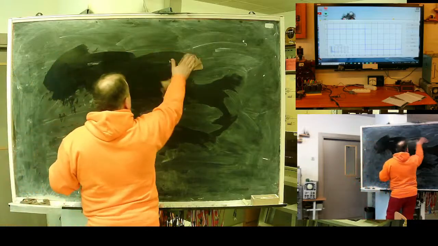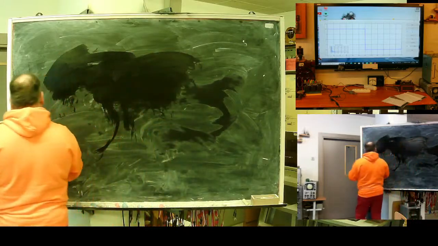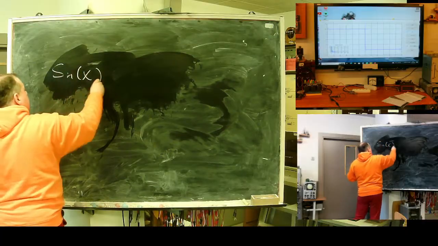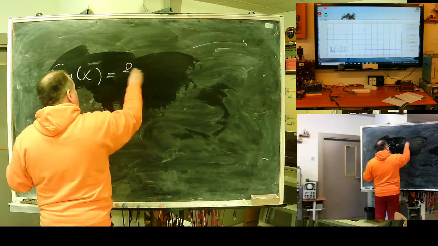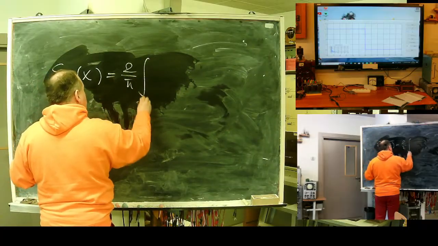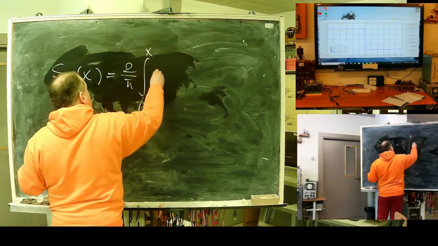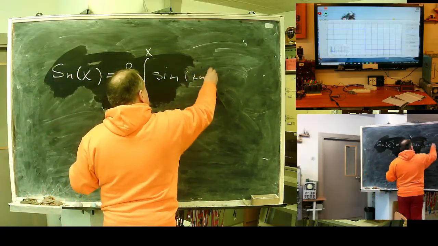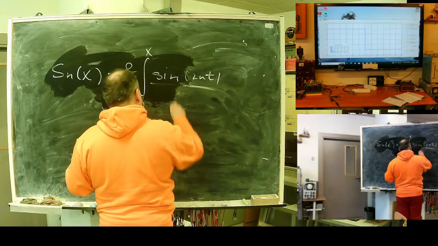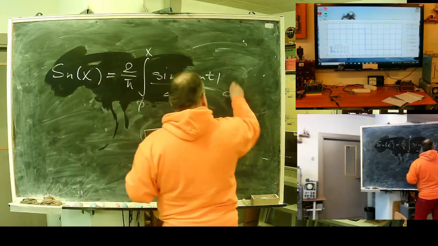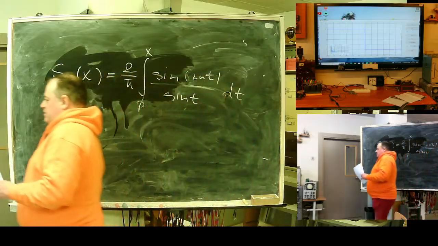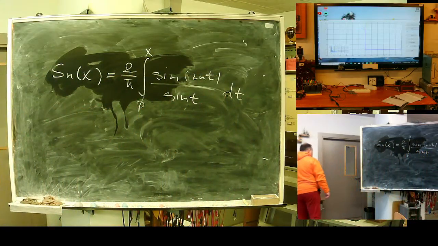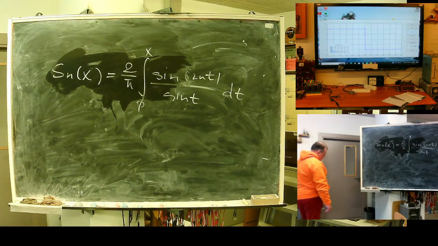If this is the derivative of S_n, I can write it as 2 divided by pi, integrating from 0 to x of sine of 2n t, using an additional substitution variable.